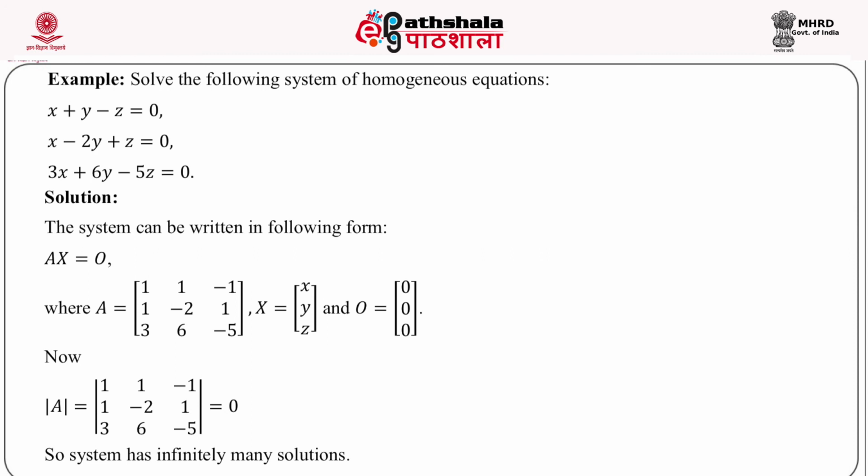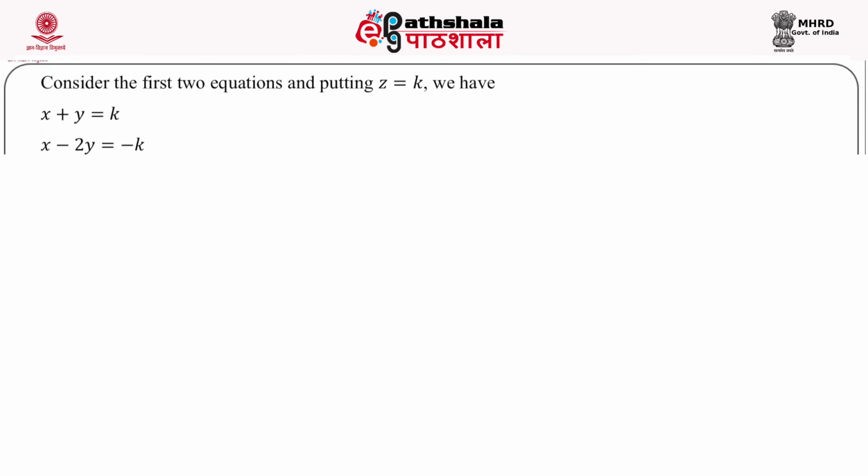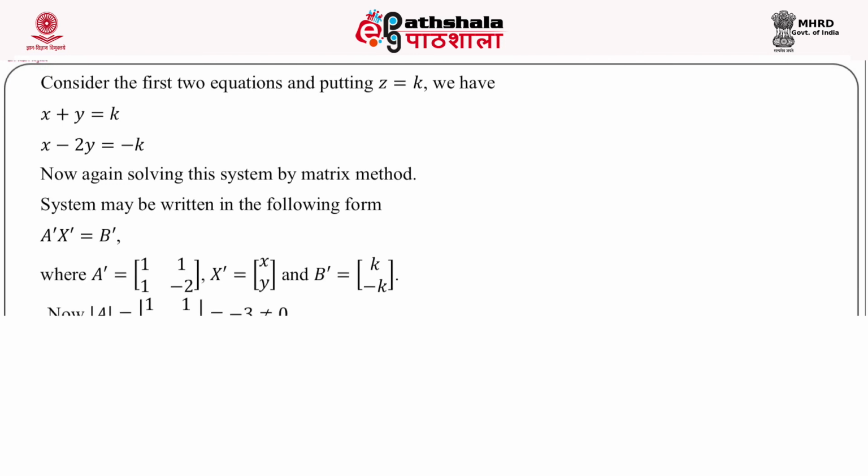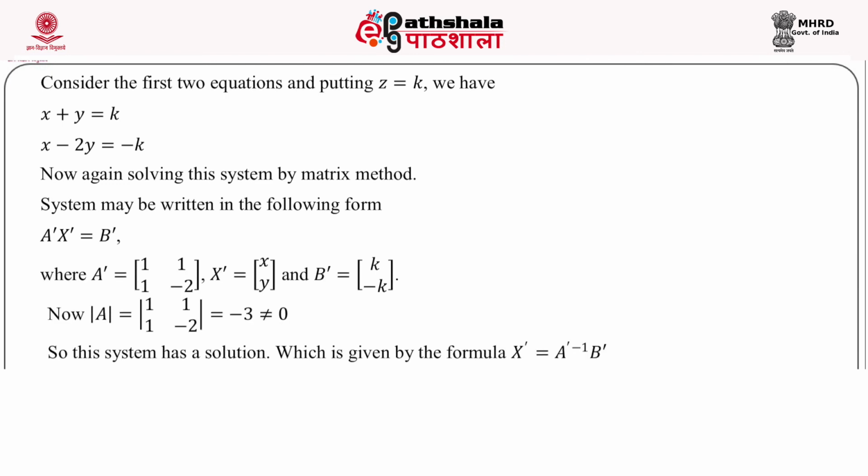Now again, solving this system by the matrix method, the system can be written in the following form, where A dash is the coefficient matrix, X dash is the variables, and B dash is the right hand side matrix. Now here the determinant of A dash is -3, which is non-zero. So the system has a solution, which will be the unique solution for this two equation system, given by X dash is equal to A dash inverse into B dash.